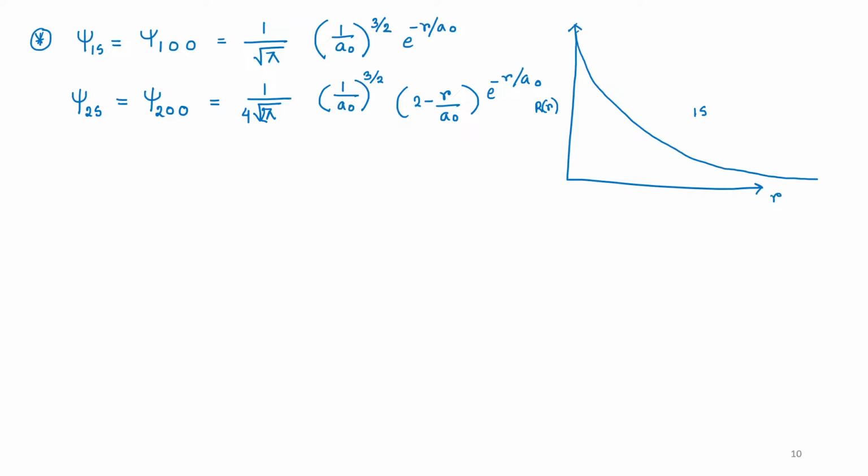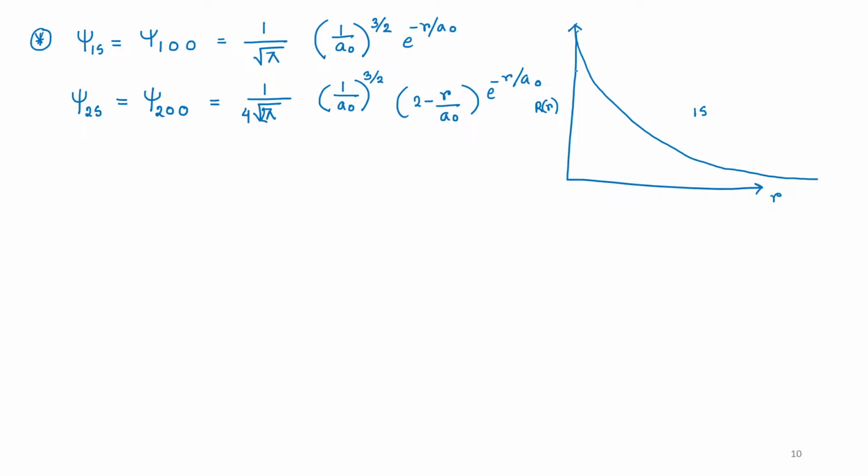So from there you can see that this function will have a node, and the node will be where this polynomial is equated to 0, and that is r at 2a0. There you will have a node.